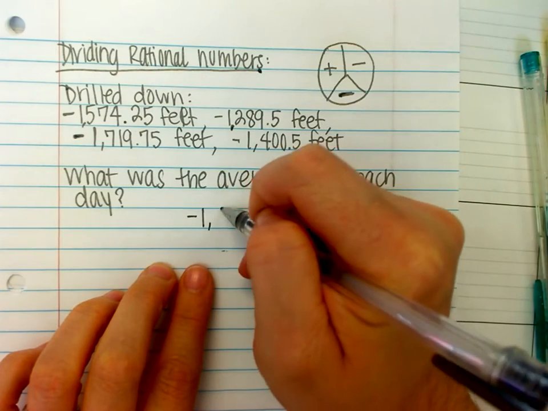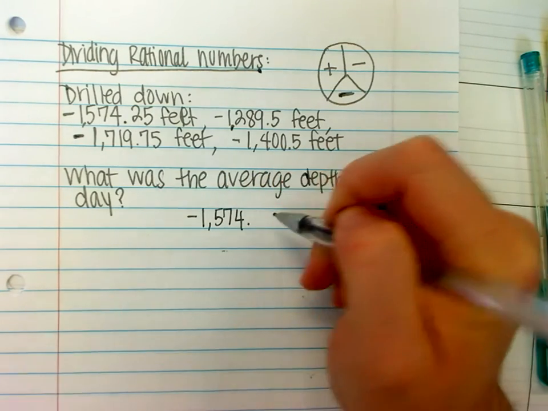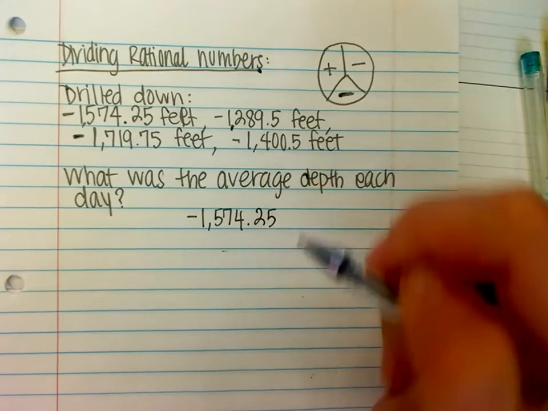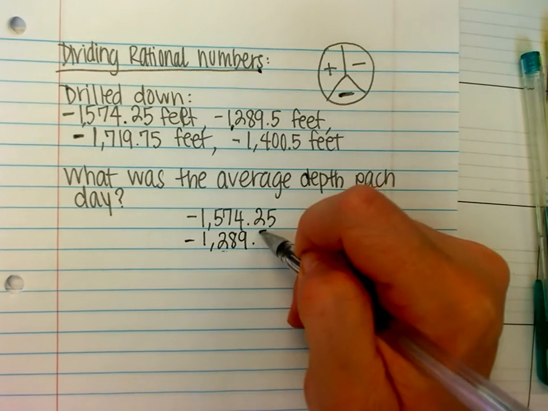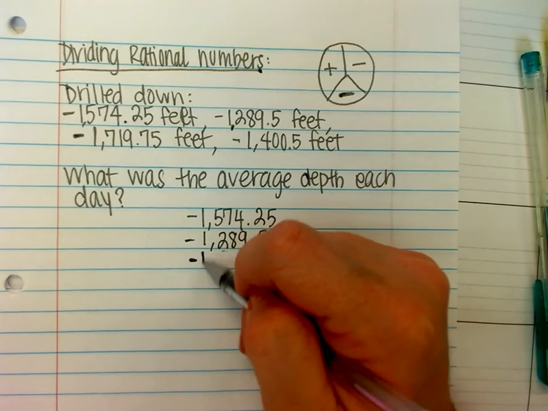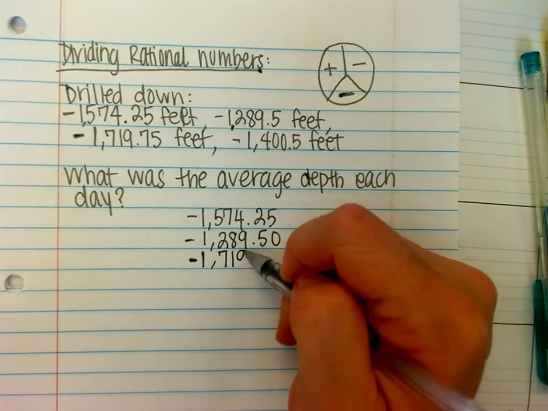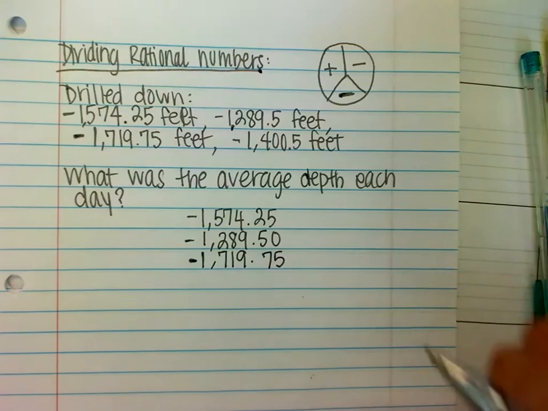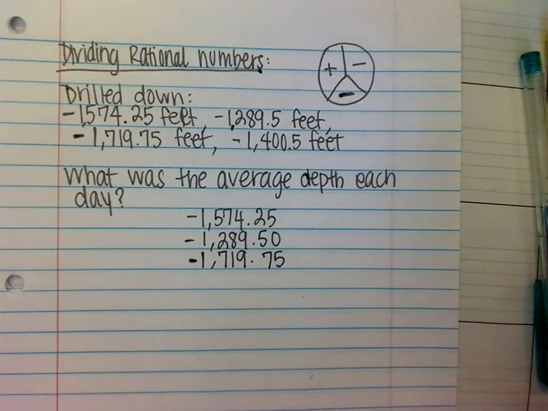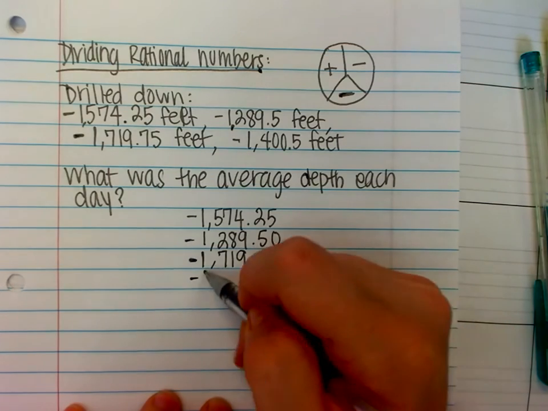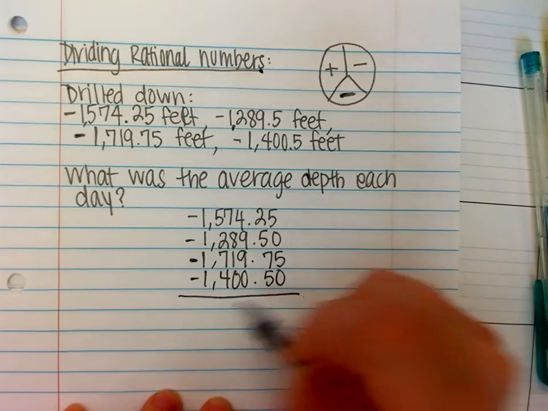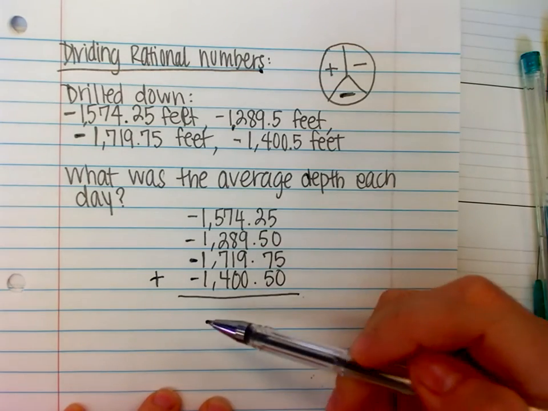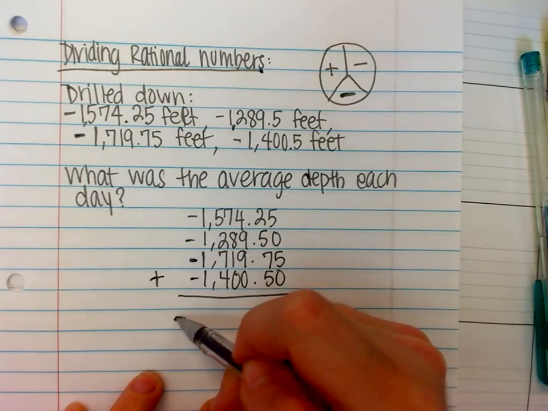If you forgot how to add decimals, we line up the decimals. And we add straight down. Because they're all negative, we're going to get a negative sum.